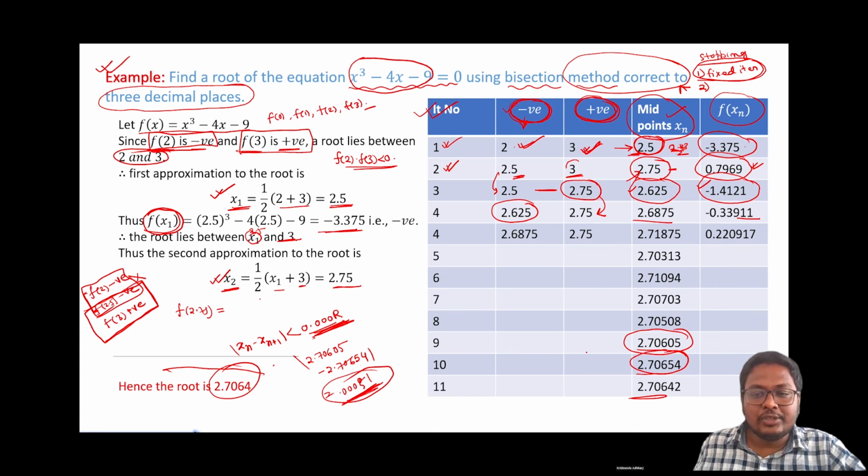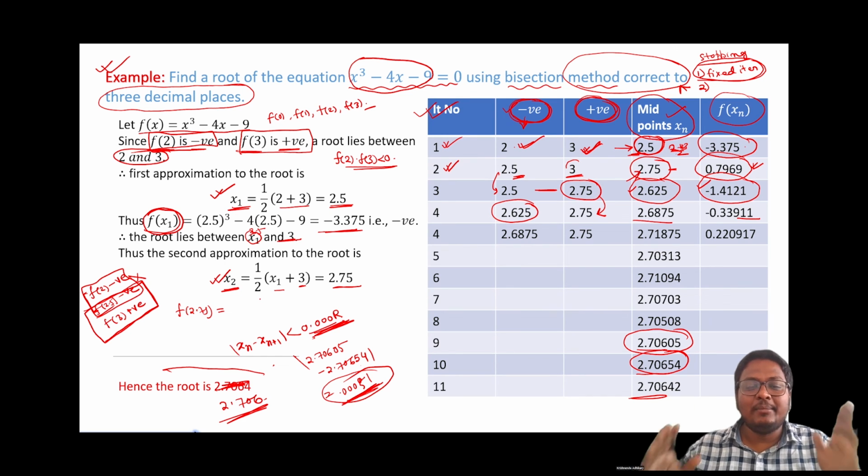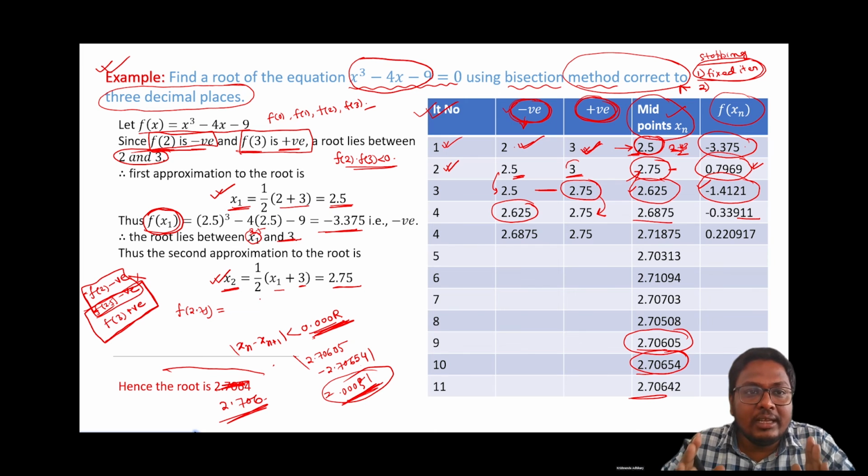So that means we will stop here, and your correct root is 2.706, correct up to 3 decimal places. So that means after 3 decimal places, the number should be the same. Whenever you are getting the same number after 3 decimals, that means you have to stop there. Okay. I hope all of you have understood it.